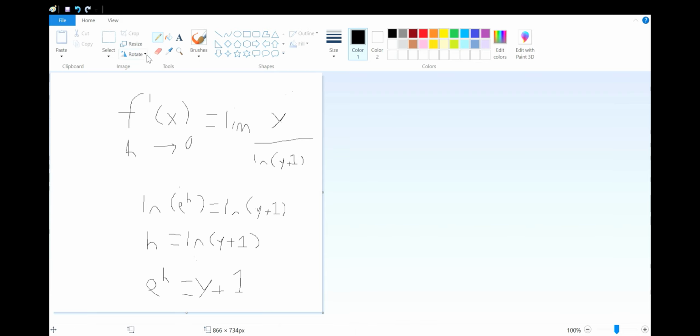We can now rewrite this further by taking the reciprocal of y. So the numerator becomes 1, and the denominator gains the term 1 over y.